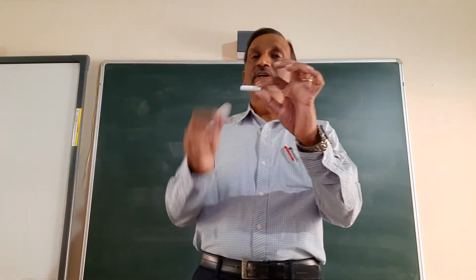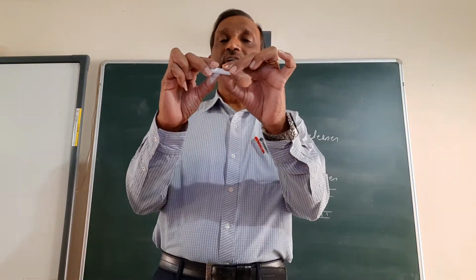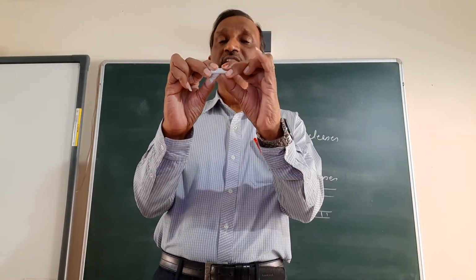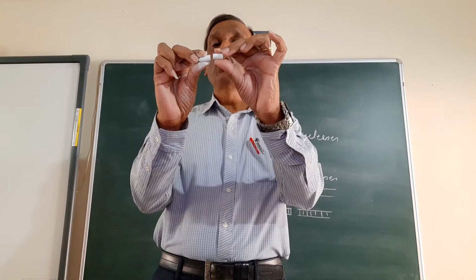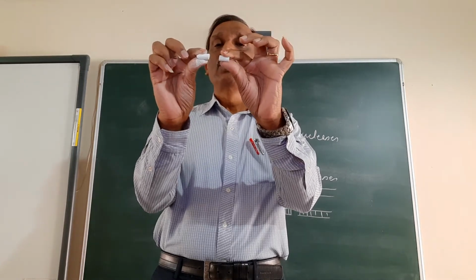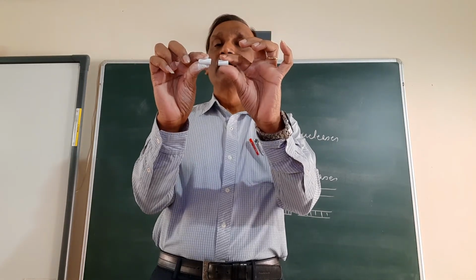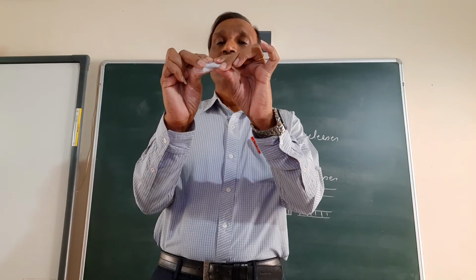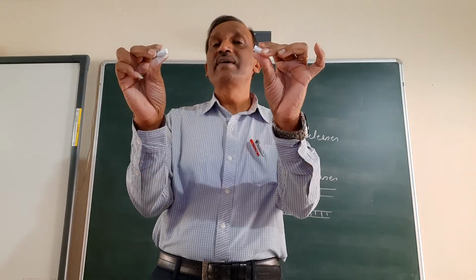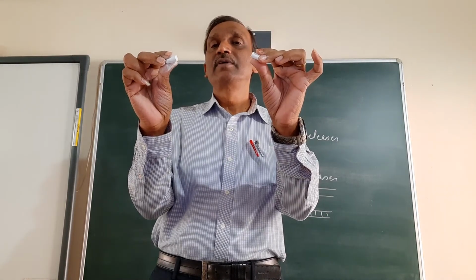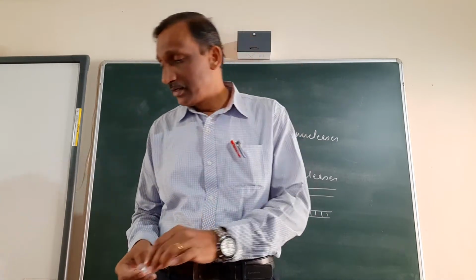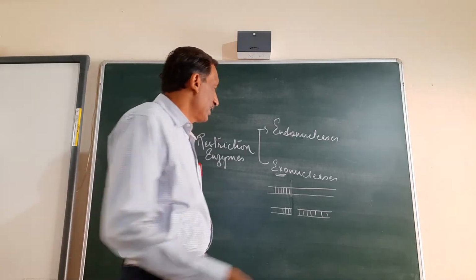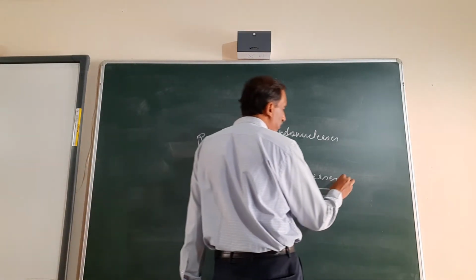Suppose this is the DNA, and when the exonuclease cuts, it cuts with two blunt ends. Even if you try to rejoin them, they will be easily separated. So it cuts the DNA with blunt ends.